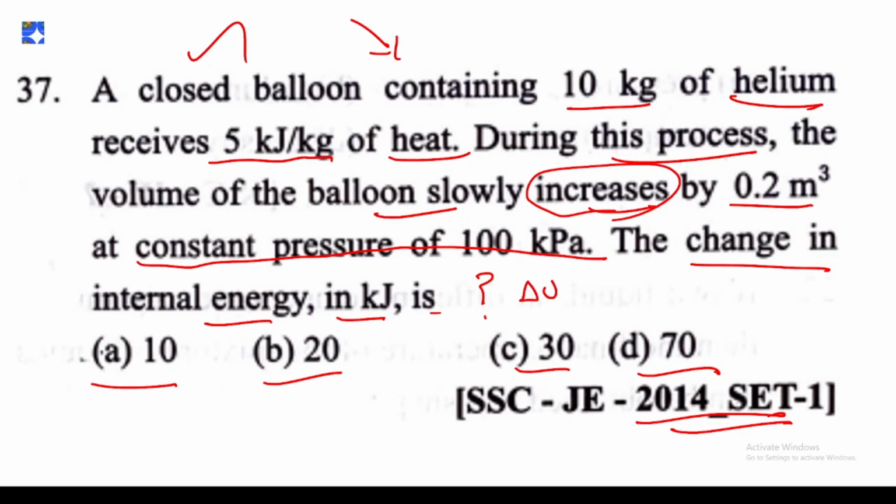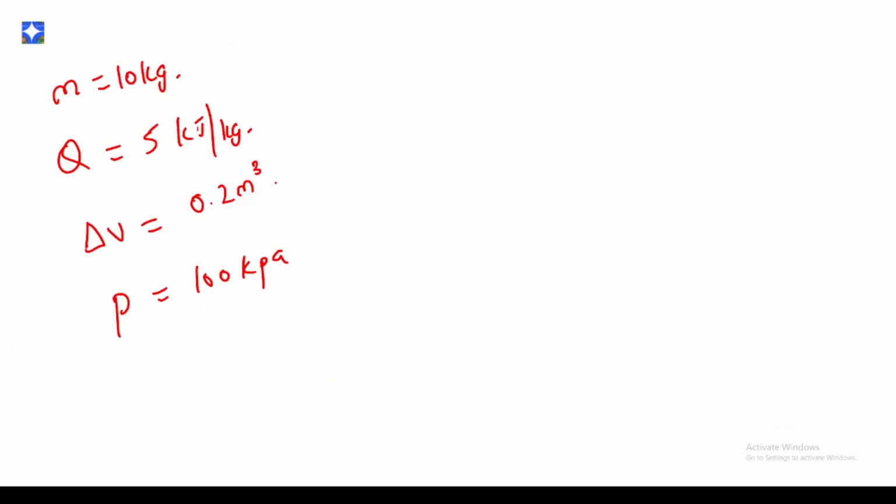Here it is given in the question that the total mass is 10 kg, but the heat is being supplied as 5 kilojoule per kg. So if I multiply this with the mass, then I'll be getting the total heat, which is 50 kilojoules.